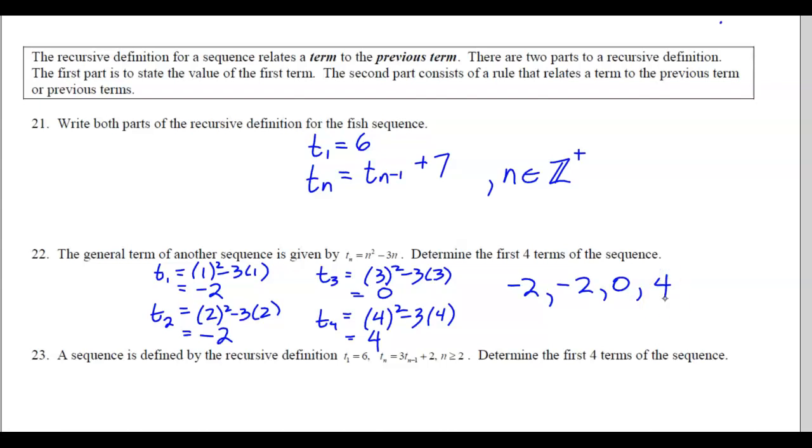Okay, so you wouldn't be able to come up with just adding the same thing or multiplying in this case. It's hard to get a recursive definition.